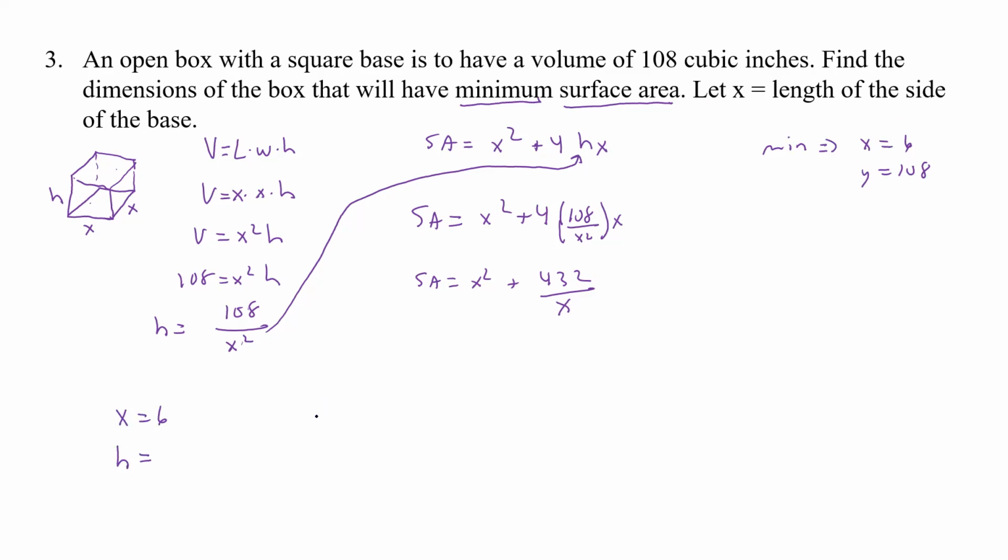That's going to give us 3. And so if we write that out, our dimensions are going to be 6 by 6 by 3, and they're inches. So we can put our inches like that.